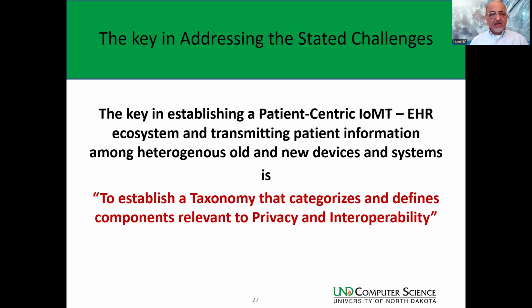The key in establishing a patient-centric IoMT EHR ecosystem and transmitting patient information among heterogeneous old and new devices and systems is, and this is important, to establish a taxonomy that categorizes and defines components relevant to privacy and interoperability.